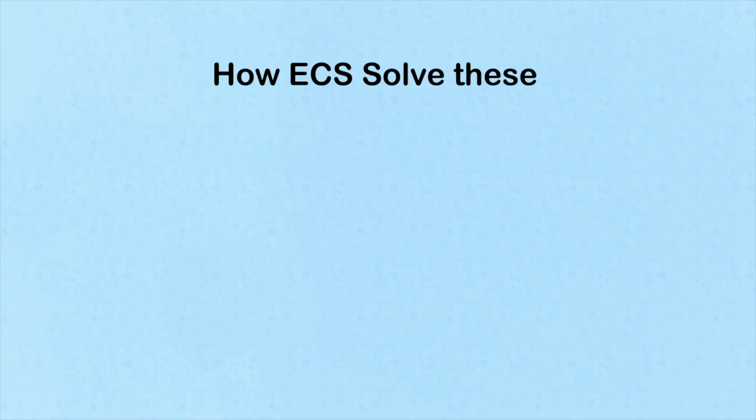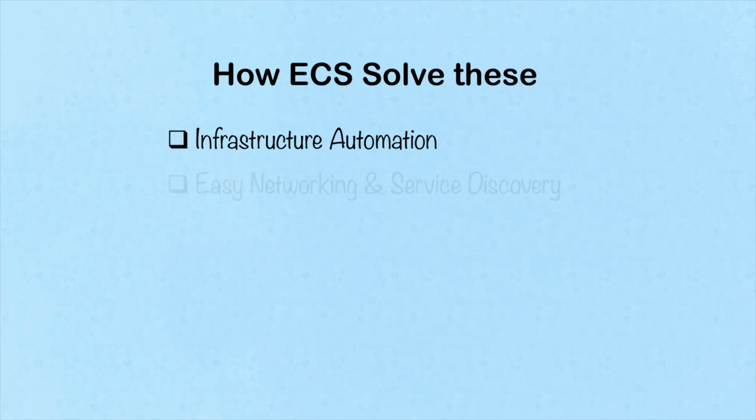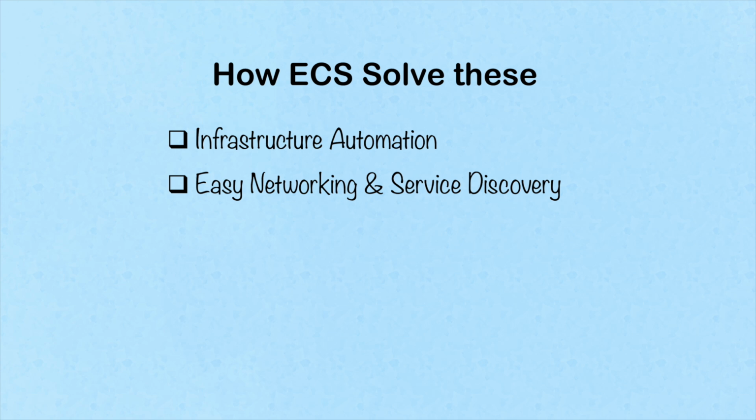ECS solves all of these problems by automating infrastructure, networking, scaling, security, and deployments. Infrastructure automation. With ECS, you don't have to create and manage EC2 instances manually. If you use AWS Fargate, you don't even need to think about servers at all. AWS runs everything for you. Easy networking and service discovery. ECS automatically sets up networking so containers can talk to each other.